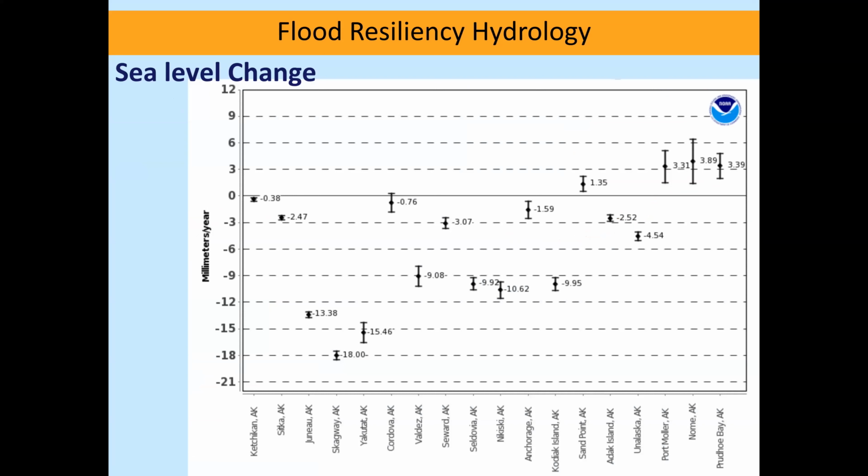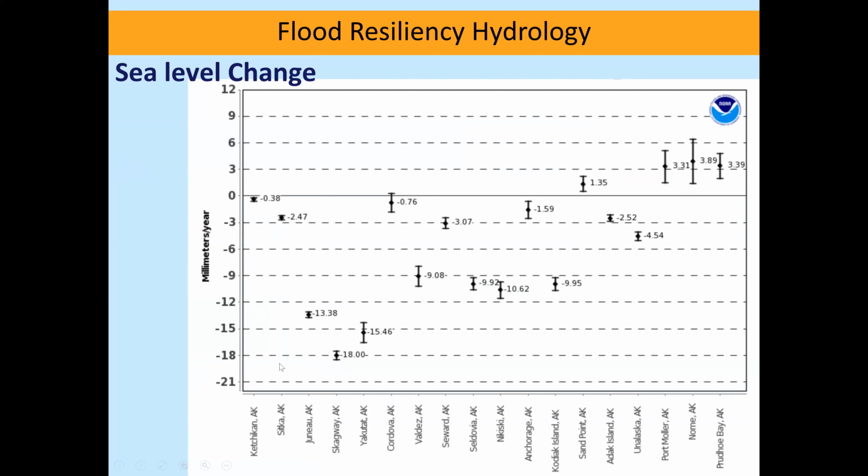And one last slide here is just talking about sea level change. I think the science on that is getting better all the time. We're learning new things about what climate change and sea level might do in the future. Overall, a lot of Alaska is just still responding to isostatic rebound from the last ice age.